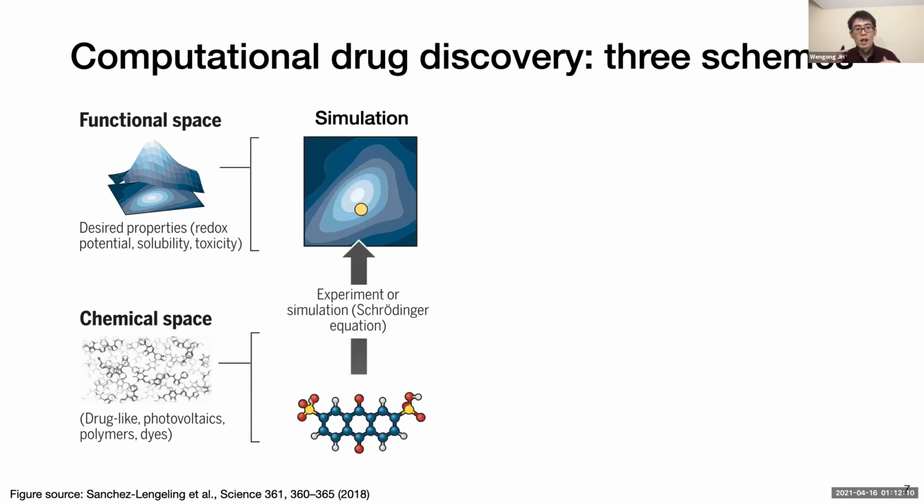One is based on simulation, such as molecular dynamics or molecular docking. These simulations are based on first principles, on the force field: how the molecule wiggles around in a protein pocket, for example. Then you would know whether this molecule binds this protein.